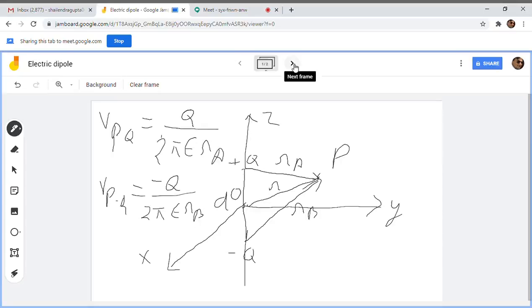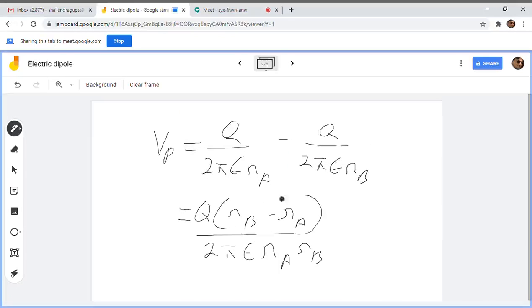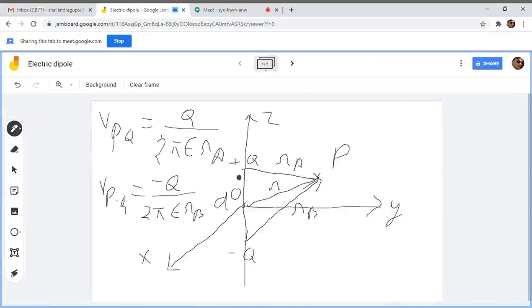They are equidistant from q and minus q, so both these will be the same. So Vp will be 0. The potential due to plus q and minus q will make it 0, adding plus potential and minus potential. So we are having 0 potential at this origin.